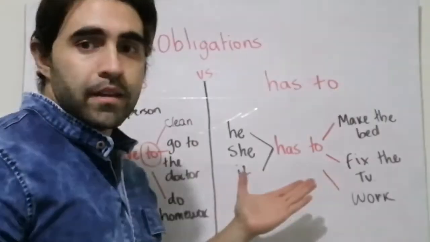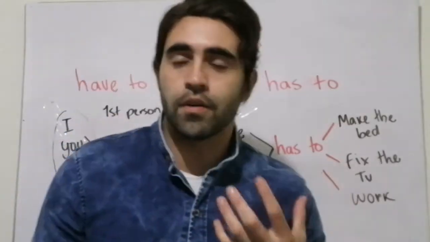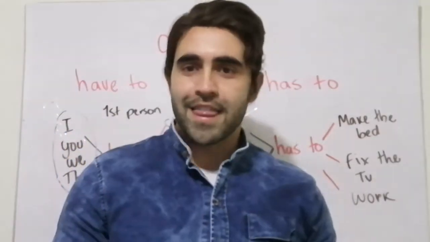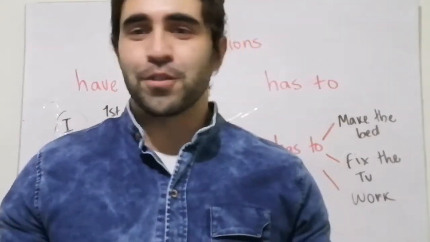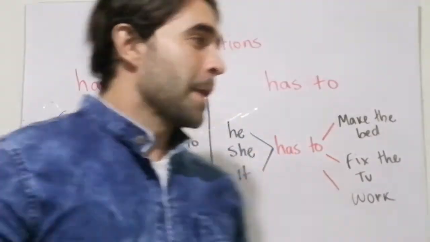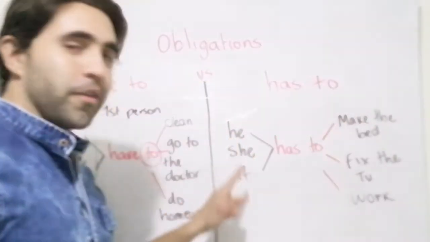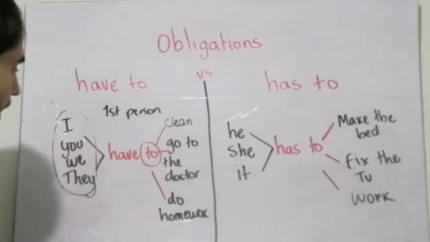Usually people are the only ones who have obligations, because my dog doesn't have any obligation. He doesn't have to do anything around the house. Probably wave his tail and no more. But we are going to use he, she, and I, you, we, and they.